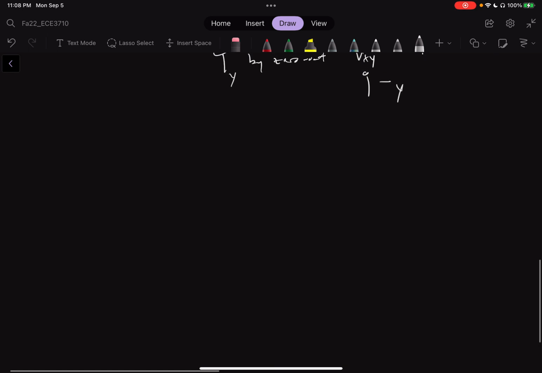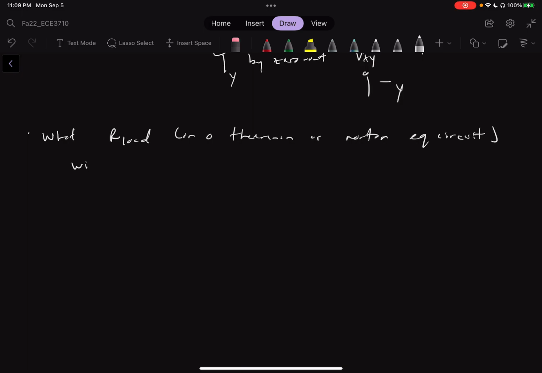The last thing that you will be asked to solve for is what Rload in a Thevenin or Norton equivalent circuit will achieve max power at load.